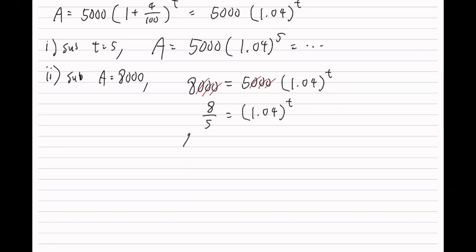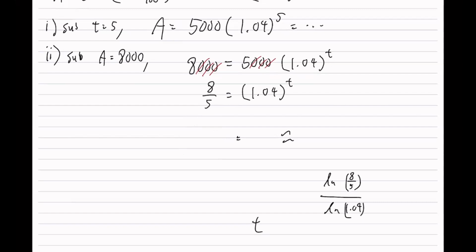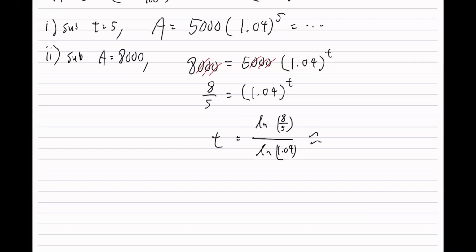Then I can take ln 8 over 5, over ln 1.04, equals t. So what's that? That would be 11.983. If you round off to 3 significant figures, is it up or down?